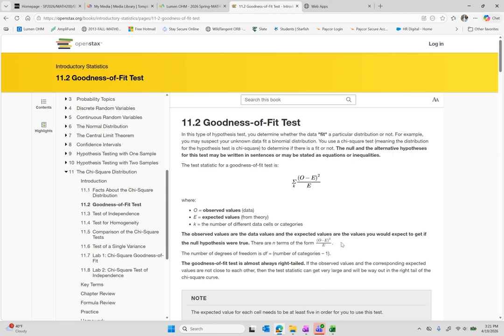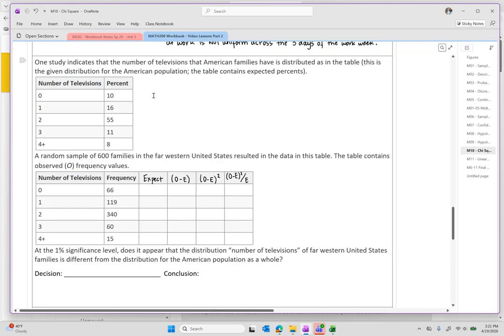We are continuing our examples for hypothesis testing using the goodness of fit test. These examples are in the OpenStax Introductory Statistics textbook, and in our notes we are now going to discuss a situation about a study that indicates that the number of televisions that American families have is distributed as in the table below.